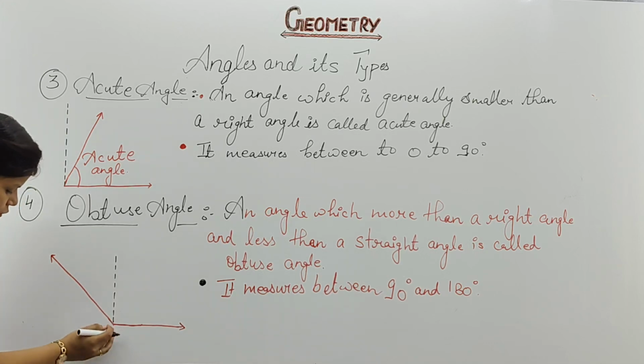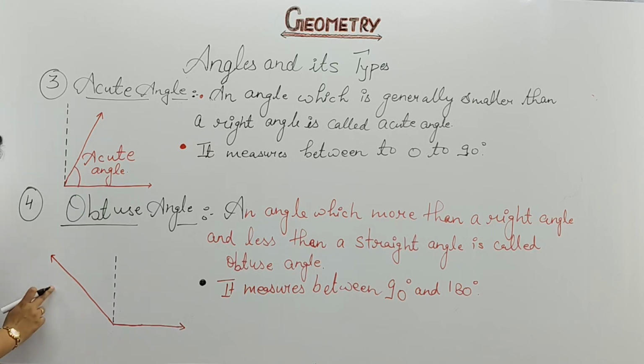When it will move to this side and make complete, that will be 180 degree. That means more than 90, and it cannot go beyond this one. When it will come to this point, that will be a straight one and it will form a straight angle. More than 90 and less than straight angle is called your obtuse angle.